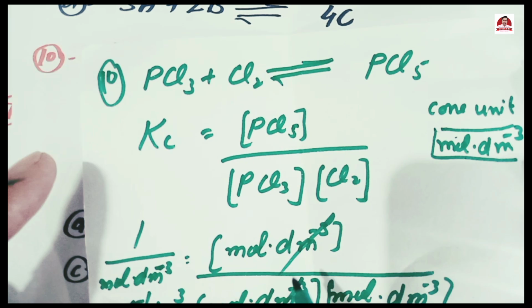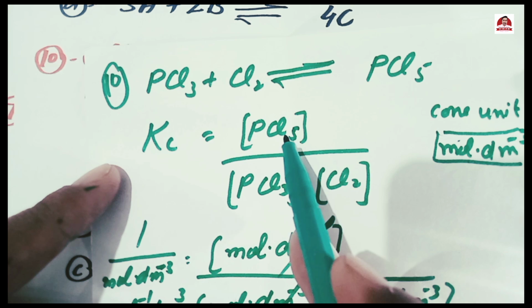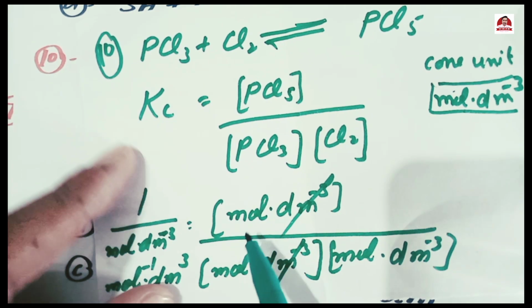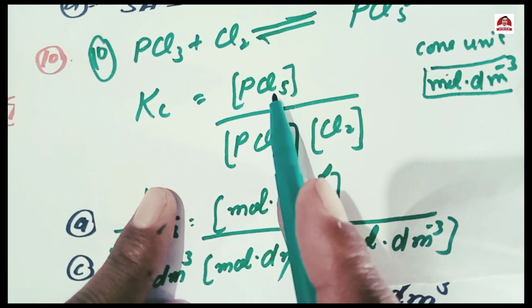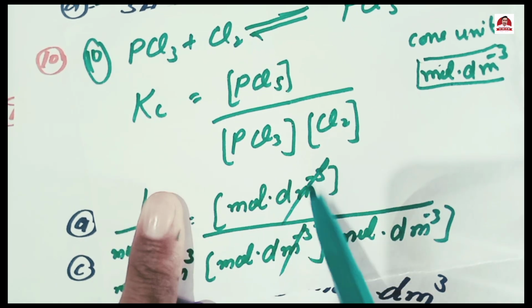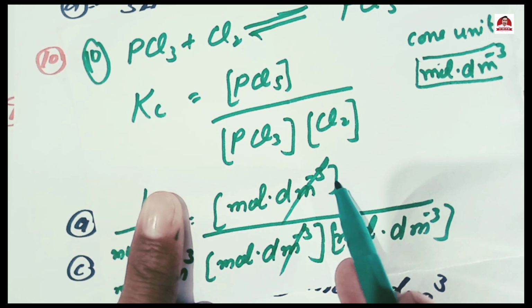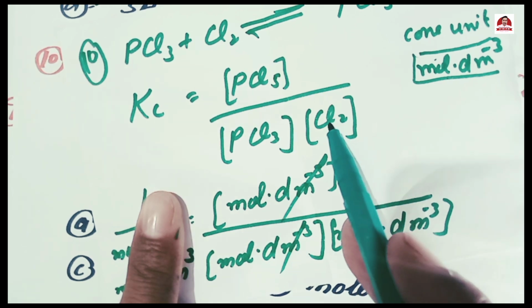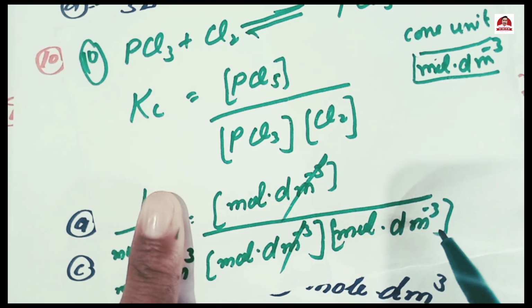Now we write the concentration of the product and the concentration of the reactants in units: concentration of PCl3 in mole per decimeter cube and concentration of Cl2 in mole per decimeter cube.